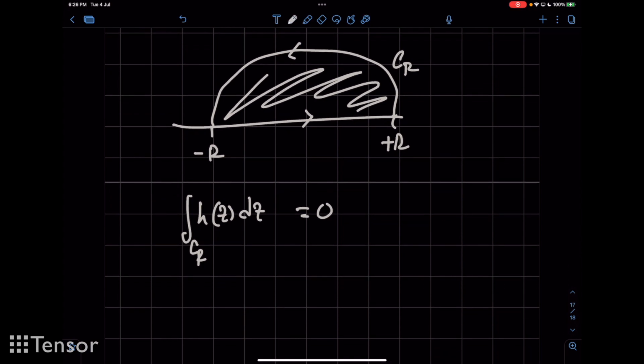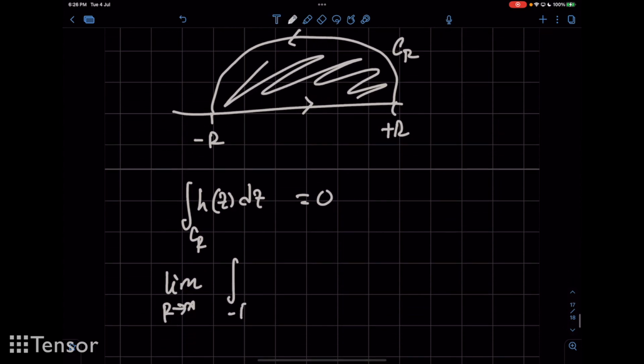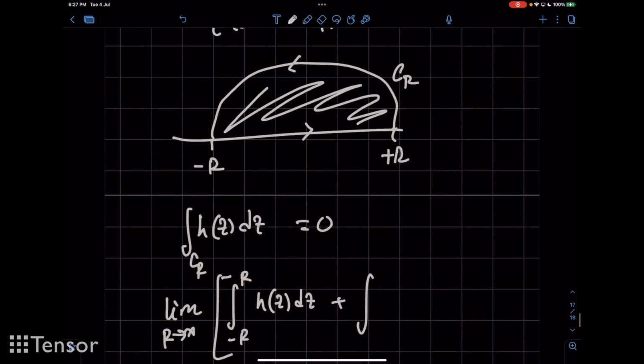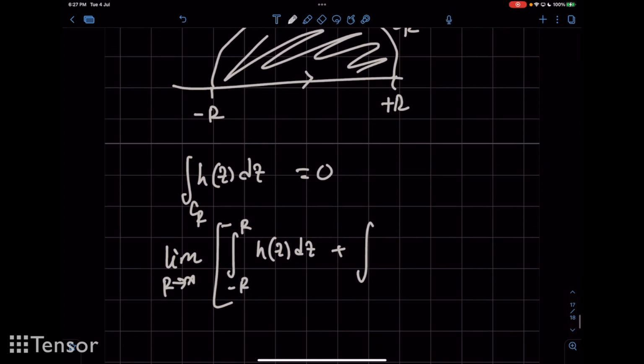As we take the limit as r goes to infinity, let's call the semicircular path SR.